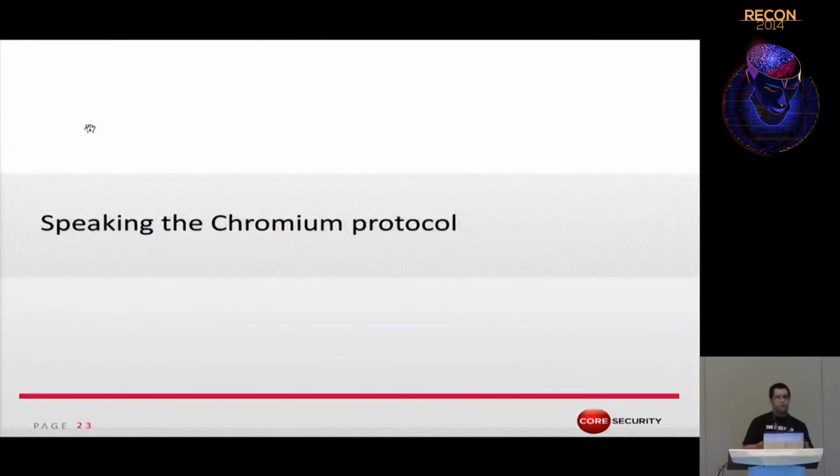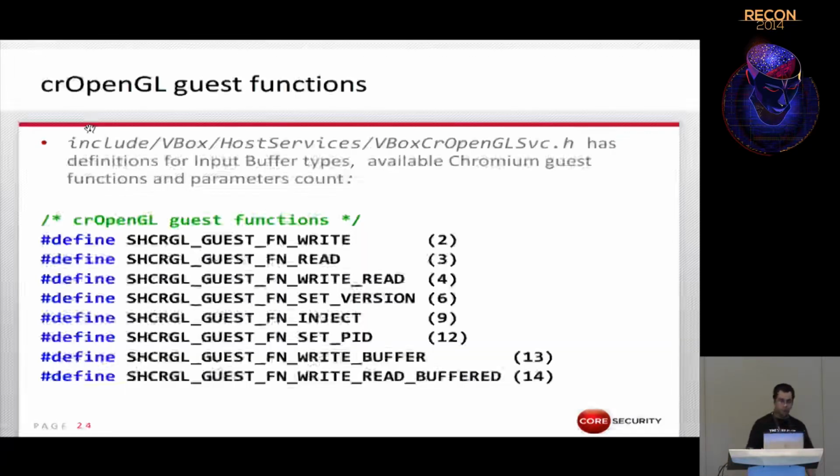So that's the VBox HGCM protocol, which is generic and it's pretty simple. And let's see now how we can speak the Chromium protocol, which goes on top of the VBox HGCM protocol. The 3D acceleration service of the Chromium server exposes a number of functions that can be remotely invoked from the virtual machine, and they are enumerated there.